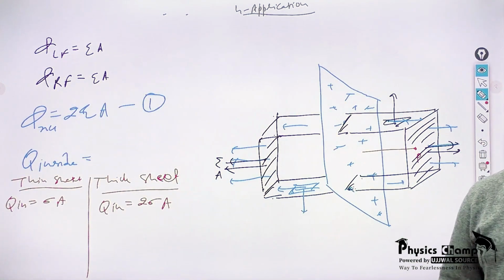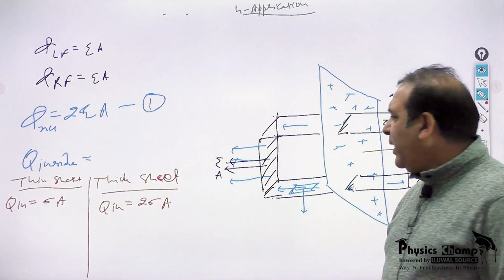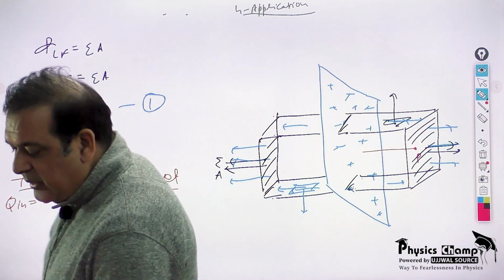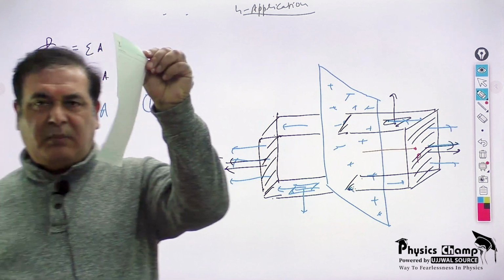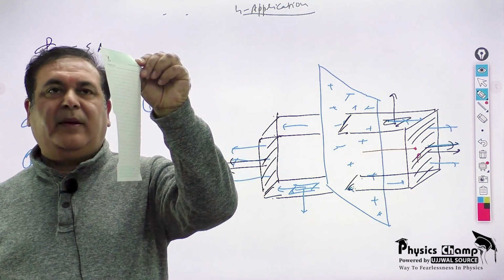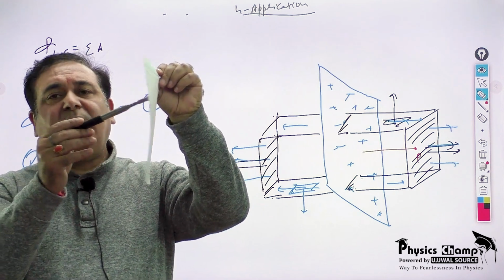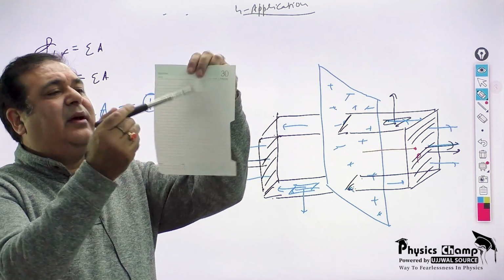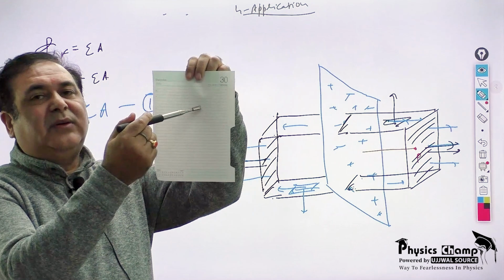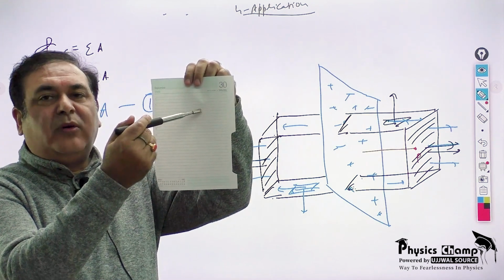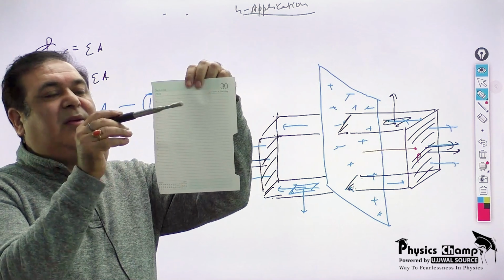Now what is that? Why am I writing the charge inside to be sigma A or 2 sigma A? This is a thin sheet. In this thin sheet, if you have a charge existing somewhere here, it is so thin that the same charge would also be providing electric field here as well as here.